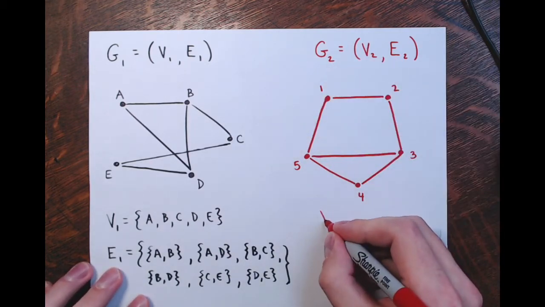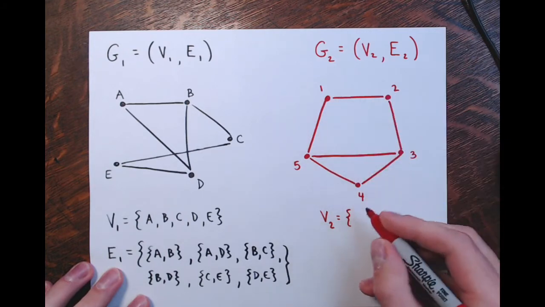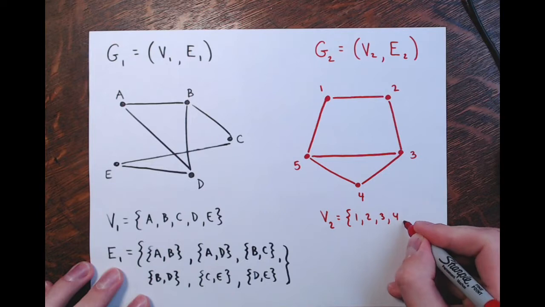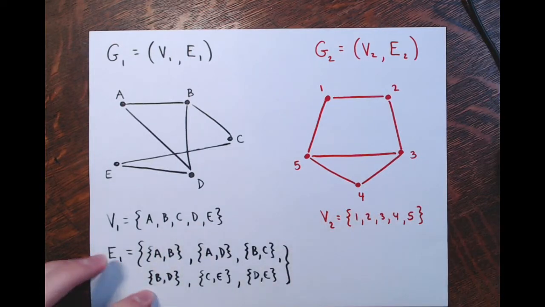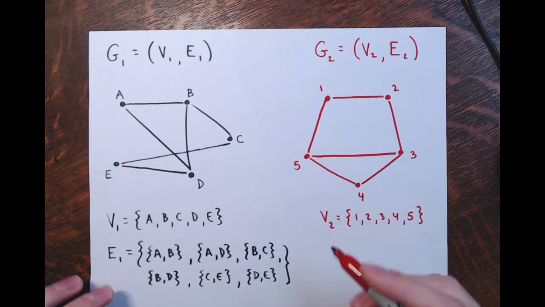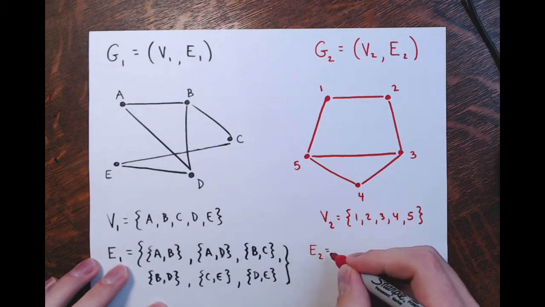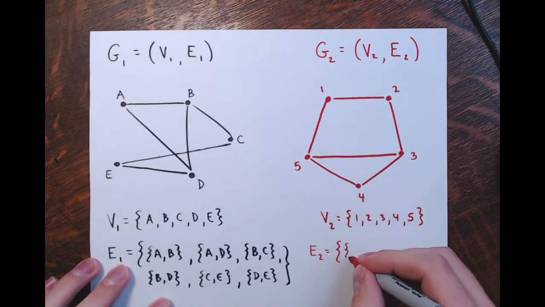It has a vertex set V2 with vertices labeled 1 through 5. There should be the same number of vertices. Two graphs with different numbers of vertices aren't going to ever be isomorphic. And then edge set E2, and all this in red. Let's start with 1 here.